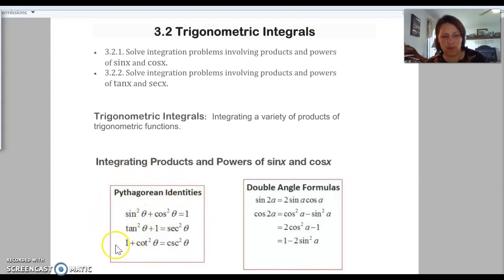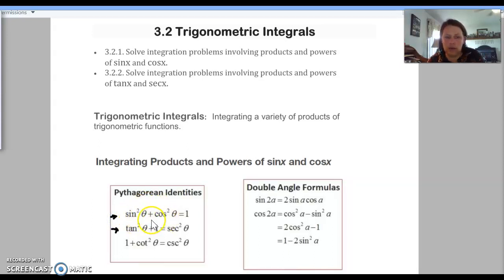So this is right from your trig identity sheet from last year. Remember our Pythagorean identities that we used? We mostly used this top one here. We're also going to be using this one a lot too. So it'd be really nice to have those both memorized, and any form of them.